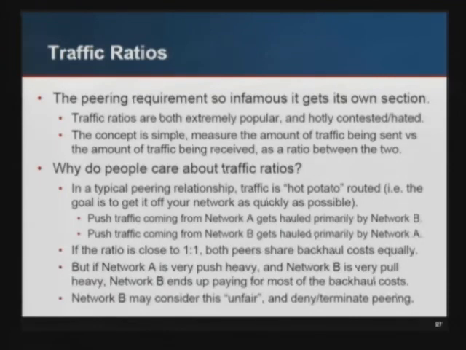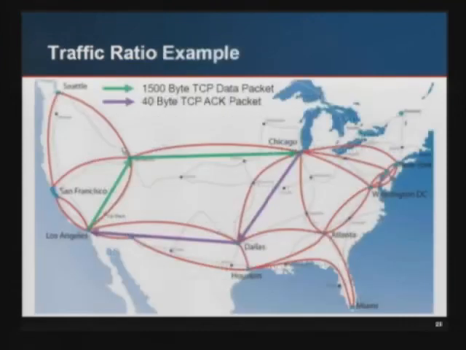So if the ratio is 1-to-1, both peers haul the same amount equally, and it's considered an equal relationship. But if network A is very push heavy, and network B is very pull heavy, network B ends up paying most of the cost, and network B might consider this unfair, and that's where you see traffic ratios.